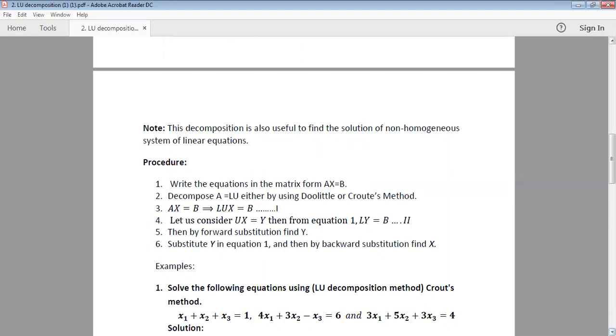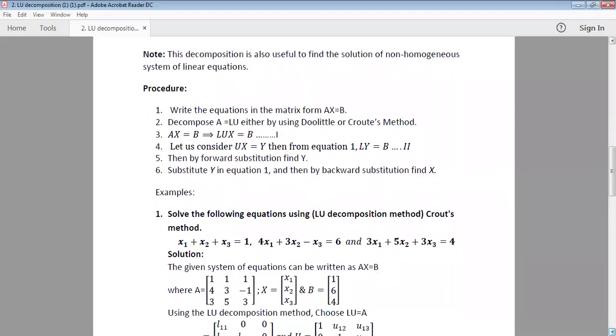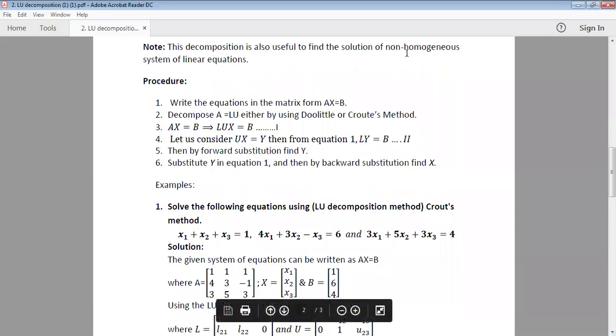So the procedure is, here we are finding the solution of a non-homogeneous system of linear equations. First, write the equations in matrix form. The system of equations we can write as Ax equals B. The matrix form is Ax equals B.